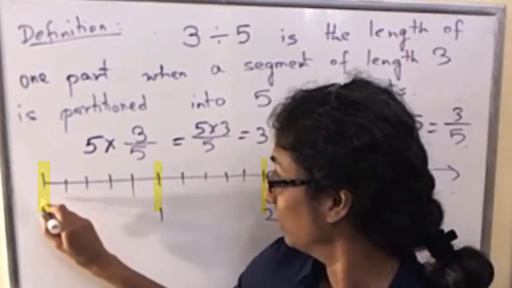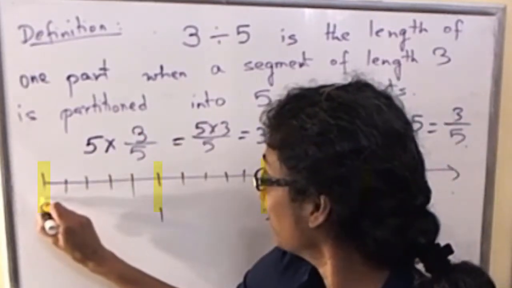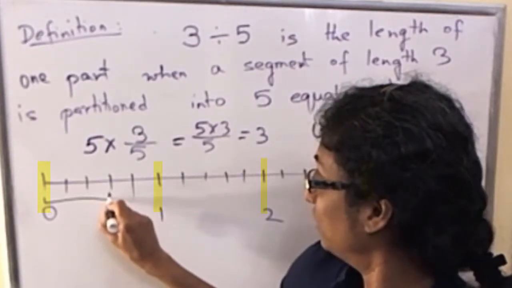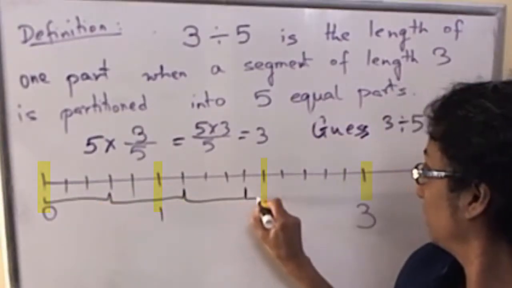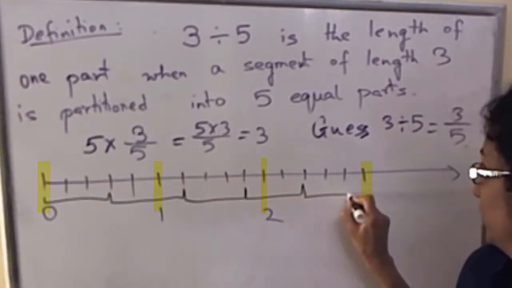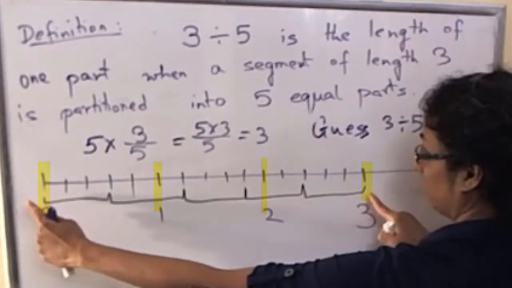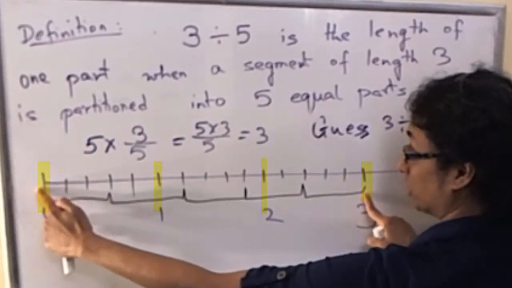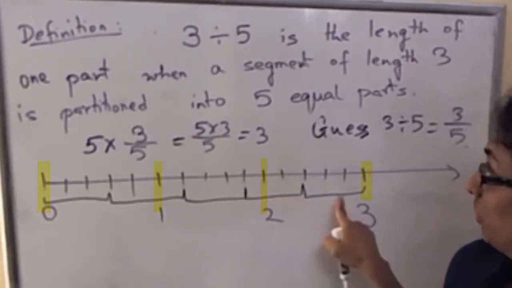So I would group my segments as follows. 1, and then 3 more segments. 2, 3, 4, and 5. So there is my original segment of length 3 partitioned into 5 equal parts.